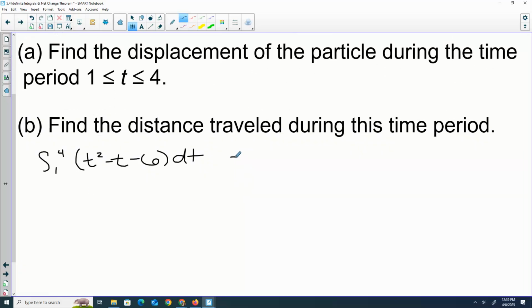Okay, so the antiderivative of t squared minus antiderivative of t 1/2 minus antiderivative of 6.